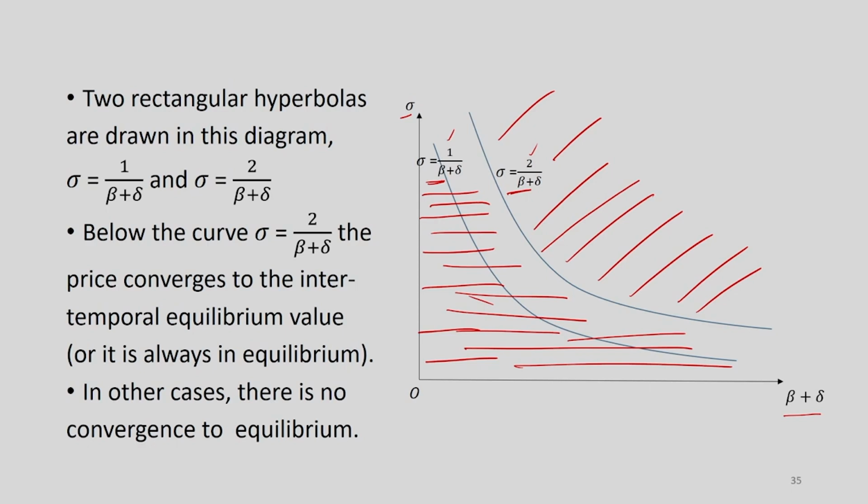Either you are always in the equilibrium, or even if you are not on the equilibrium, you are going to converge to the equilibrium. All right. And in other cases, that is if you are on the northeast of this upper rectangular hyperbola, or if you are on this rectangular hyperbola, there is no convergence.